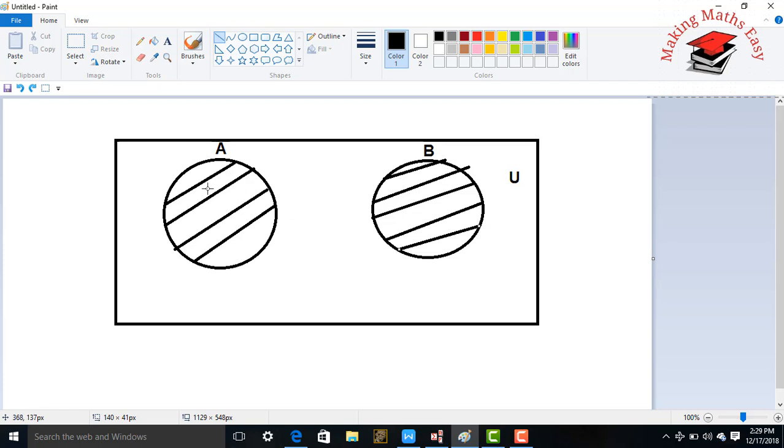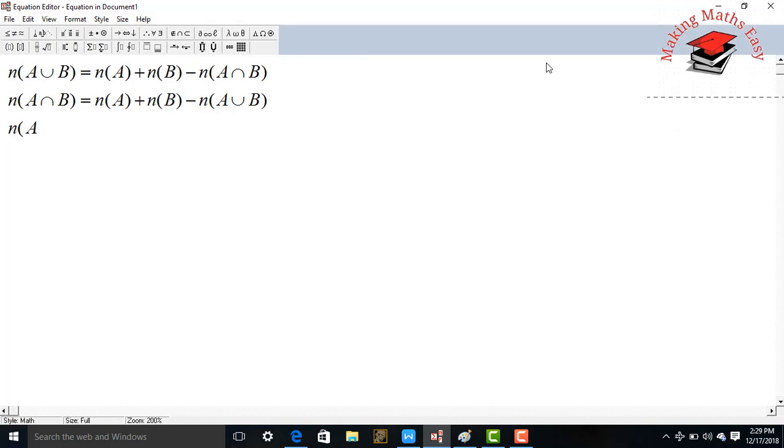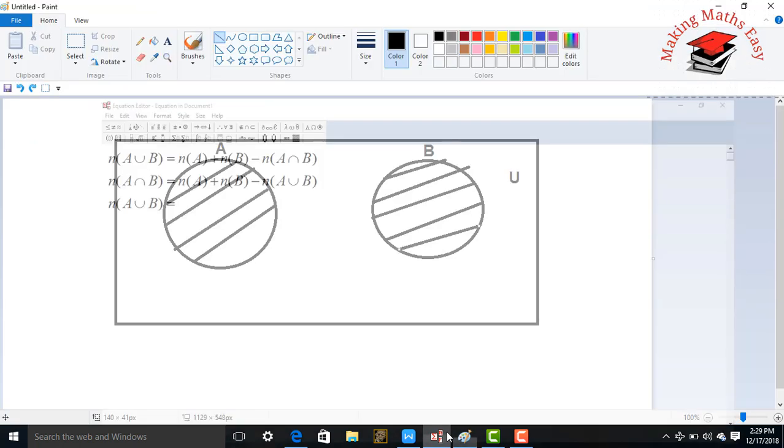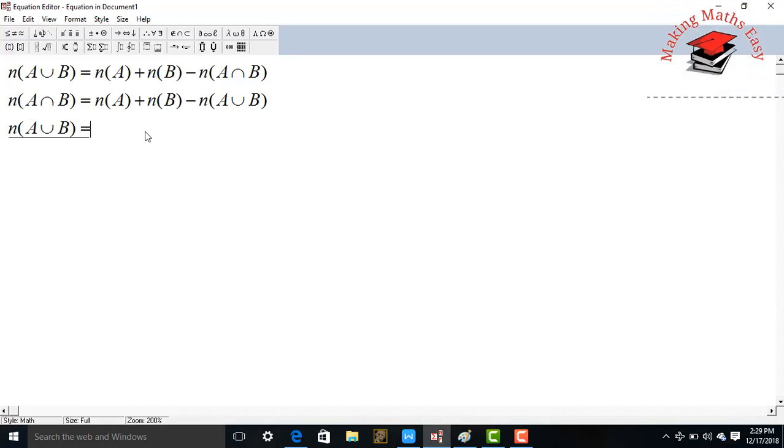We will write n of A union B equal to n of A plus n of B. In this case, n of A union B is equal to n of A plus n of B.